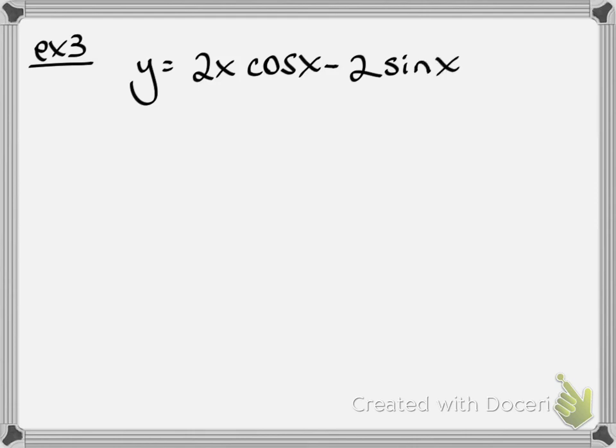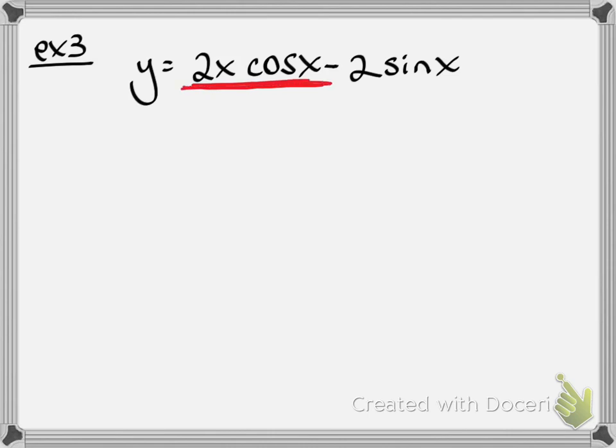Find the derivative of y equals 2x cosine x minus 2 sine x. Okay, so as I go to get started, I realize this first term is actually a product.